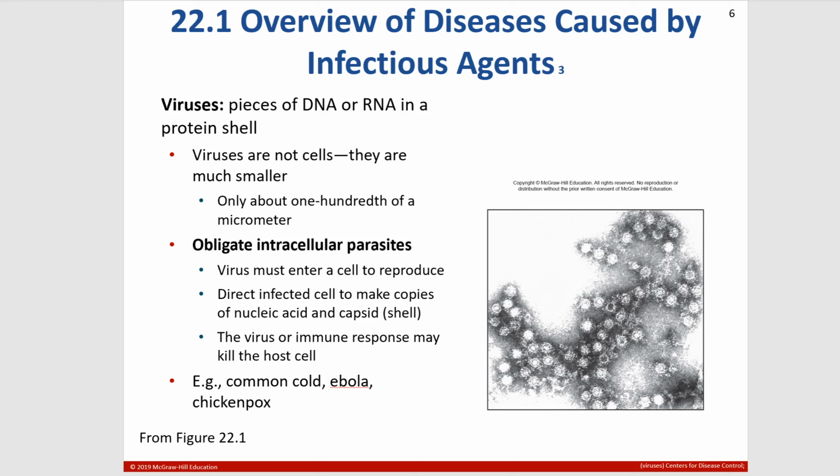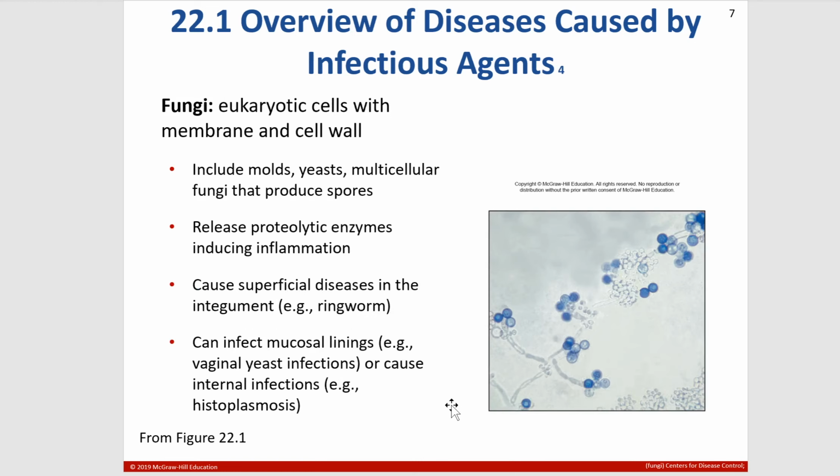So a virus must enter the cell to reproduce. The virus or immune response may kill the host, and they directly infect the cell, and the cell makes copies of the viral protein. Fungi are eukaryotic cells, as are we, with a membrane and a cell wall.